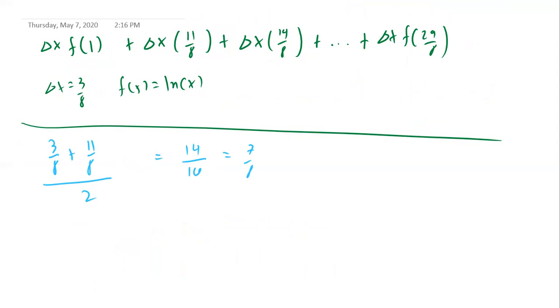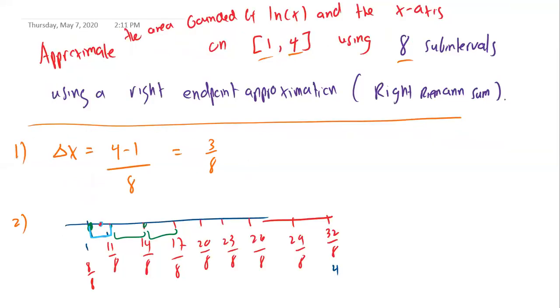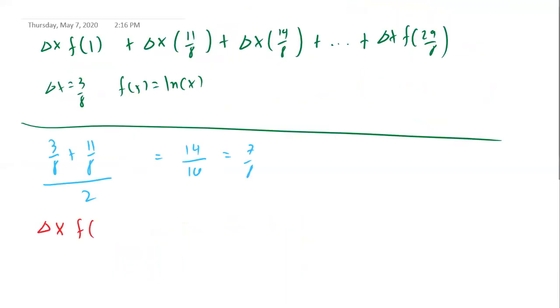So if you want to do this midpoint approximation, it would be change in x times f of the first input on the first subinterval, as we saw. How do you find the other ones? Just add change in x to the input, until you have 8 terms in your sum.